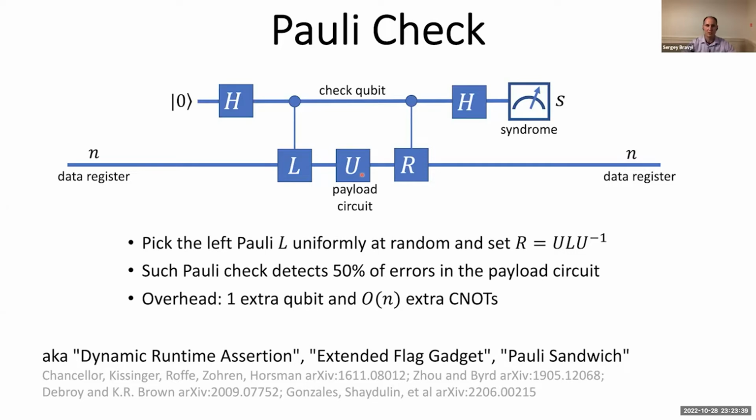It means that we can detect 50% of all errors in the payload circuit. On the other hand, the overhead introduced by this Pauli check is relatively small. We need just one extra qubit, and we need about n extra CNOT gates to implement these controlled L and controlled R operations.